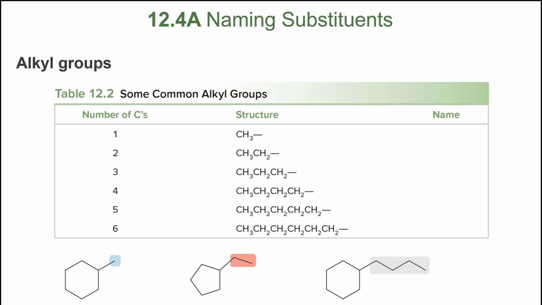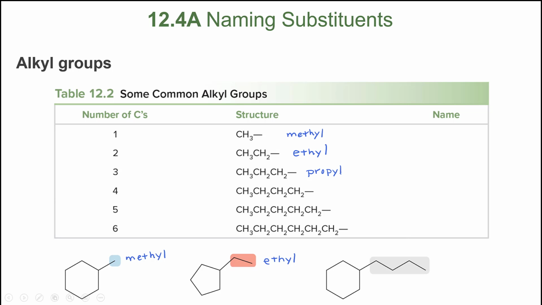An alkyl group is a group that comes off of our main parent chain. So in the example that we can see below here, you have one CH3 group coming off of there. It's one carbon, so that would make it a methyl group. So we just took off the ane ending and ended it with yl. For 2 carbons, it's ethyl, which is right here. For a 3 carbon chain that's coming off, this is propyl.